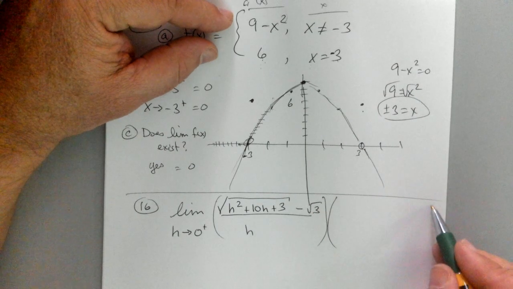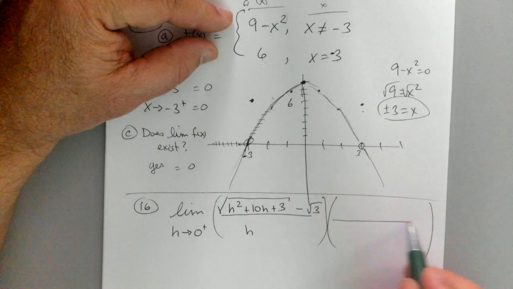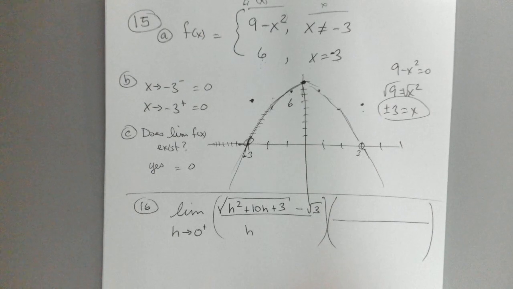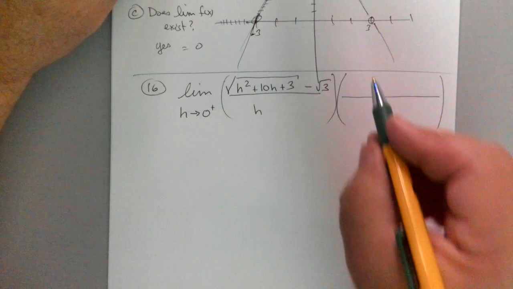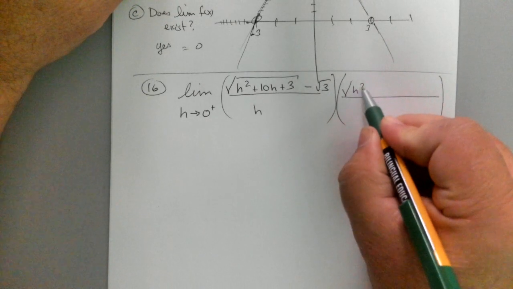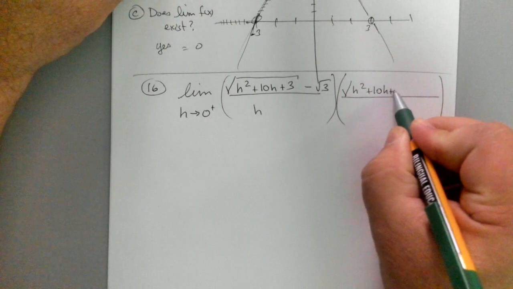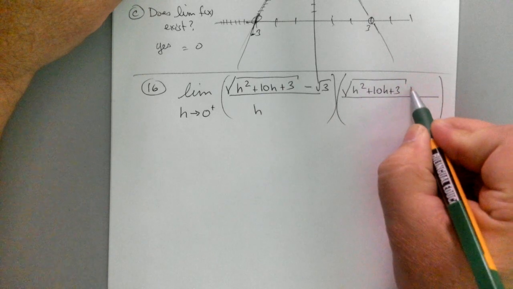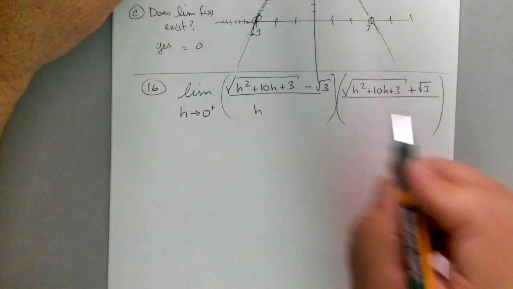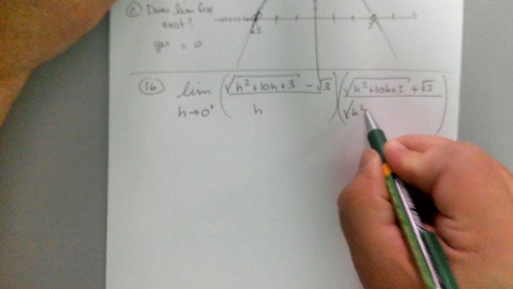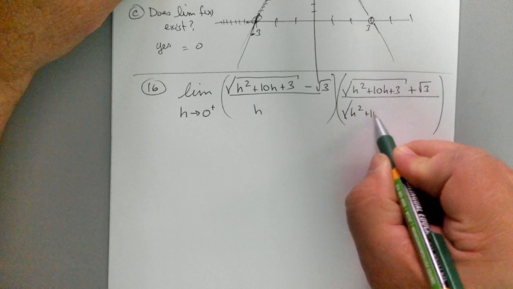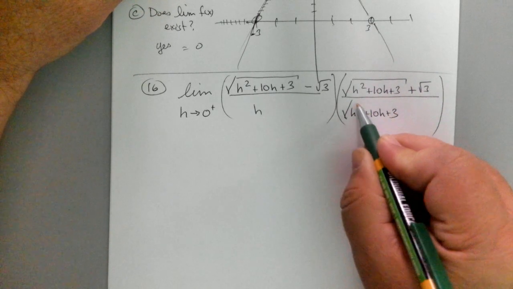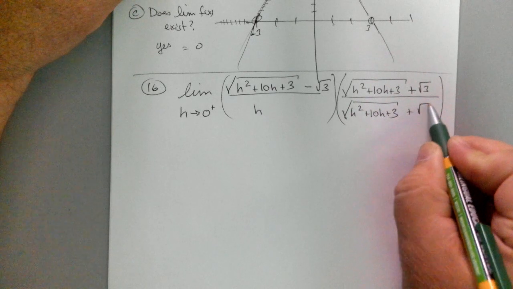So what's the conjugate of this function? Plus square root of 3, right. So it's radical h squared plus 10h plus 3, plus radical 3.